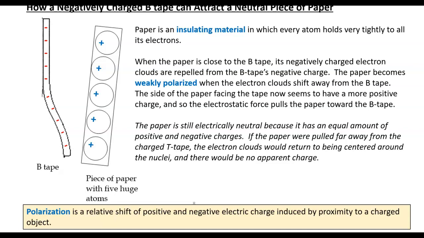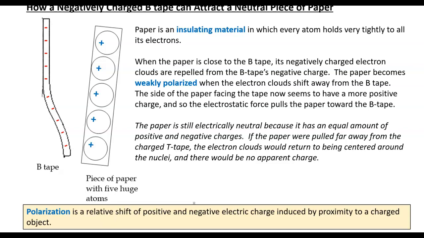When the paper is brought close to the negatively charged B-tape, its electron clouds are repelled from the B-tape's negative charge, because like charges repel. And so we're going to show that by drawing the plus signs being closer to the bottom tape. Because that is our way of drawing it to indicate that the electron cloud has shifted to the right.